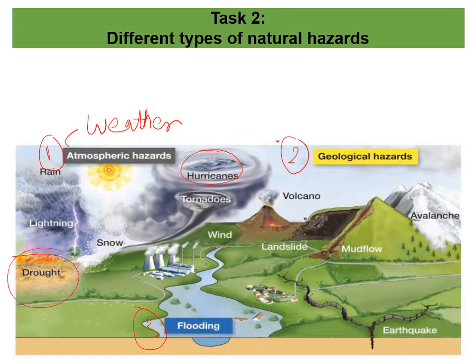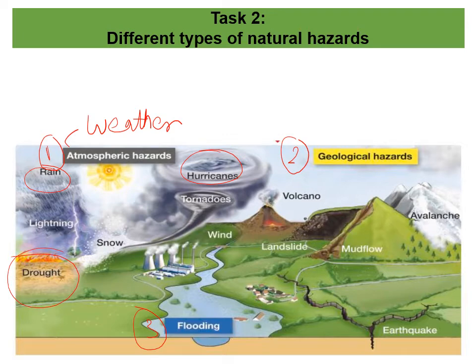Droughts might only occur in areas where they have very limited rainfall, and that ties into our information about high pressure. And then rain is the opposite of the drought. That is areas that have very low pressure, so they have a significant amount of rainfall.